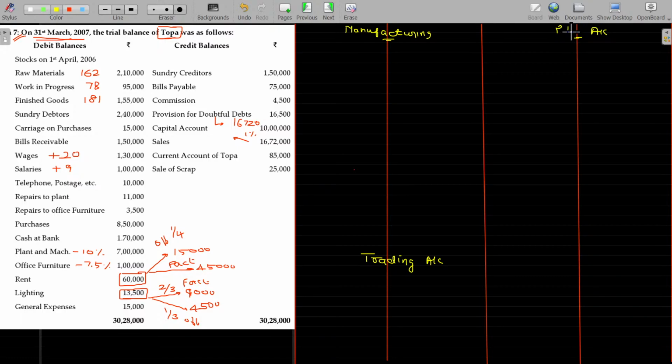So we need to have 4 blocks. One extra block we study here is all about manufacturing. Is that okay? Manufacturing.